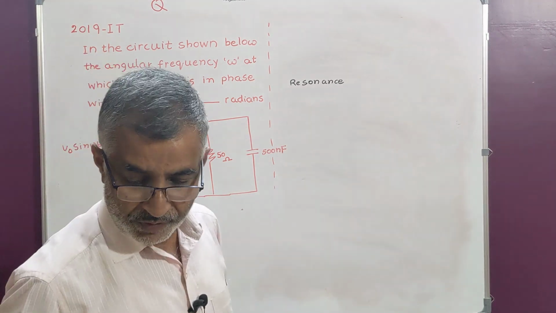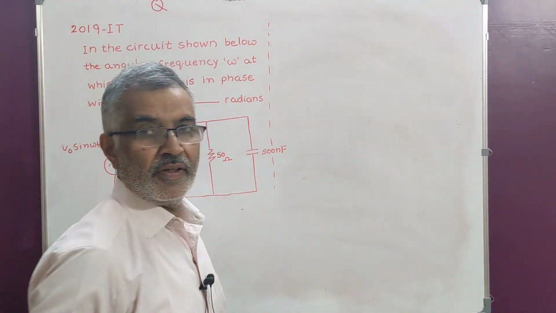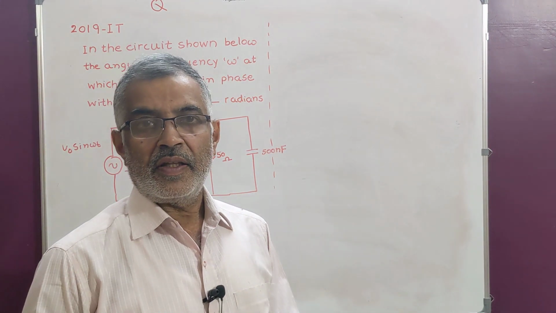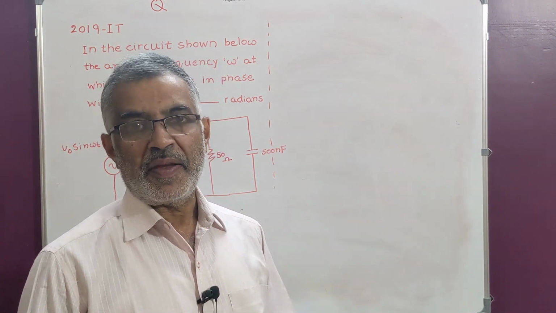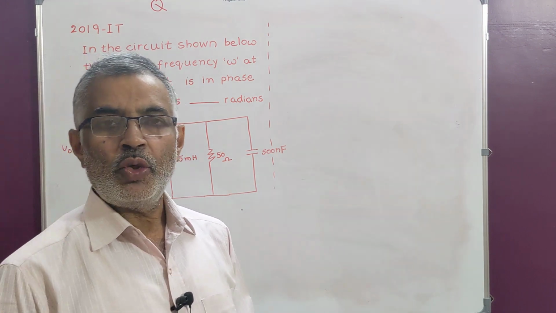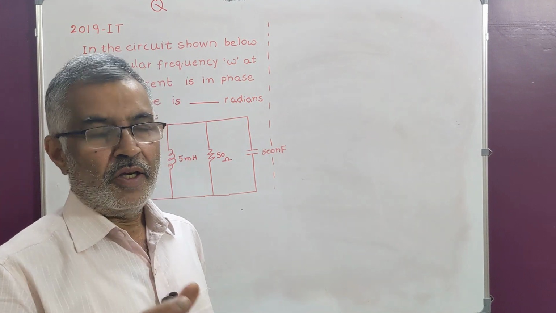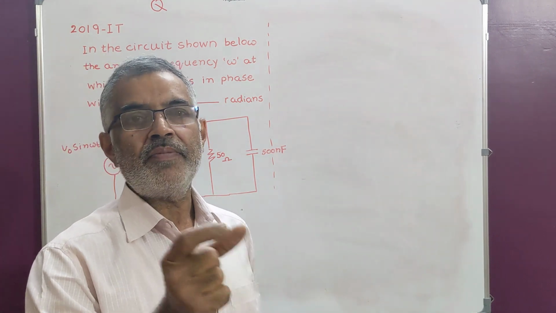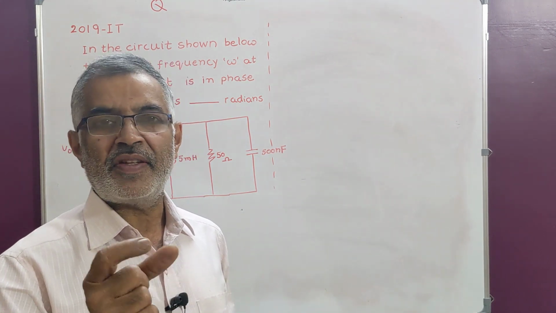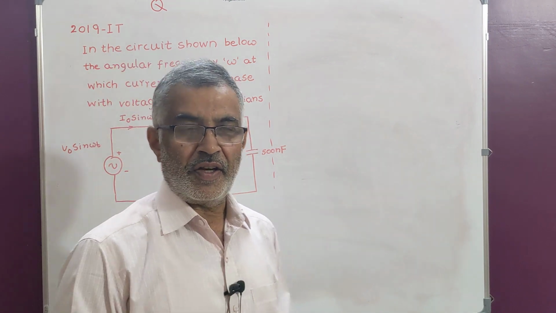Generally, whether it is series resonance or parallel resonance, resonance will occur when the reactive part of the impedance becomes zero. Impedance has two parts: real part and imaginary part. The imaginary part has to become zero, then only the impedance in the circuit becomes purely resistance. That is resonance.